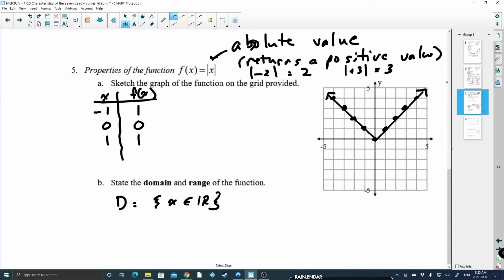You're going to have a y value above it, and the range is going to be greater than or equal to 0 and exist everywhere in the real number system. So it's all above the x-axis, which is your greater than or equal to 0, but it does exist everywhere.